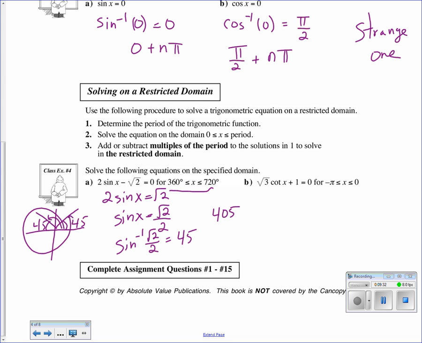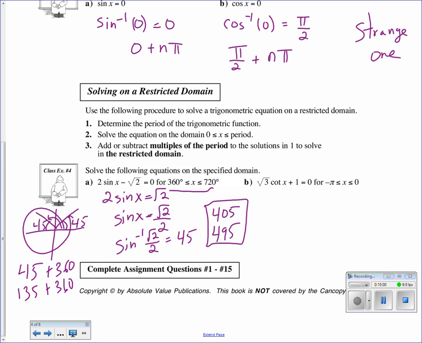So that's 495. And then if I add another 360, I've exceeded my limit. So there are only 2 possible answers, 405 and 495. And they came from adding 45 plus 360 and 135 plus 360.